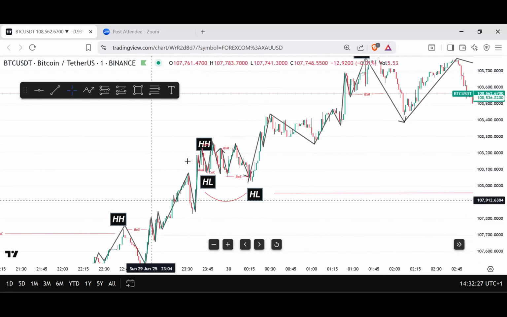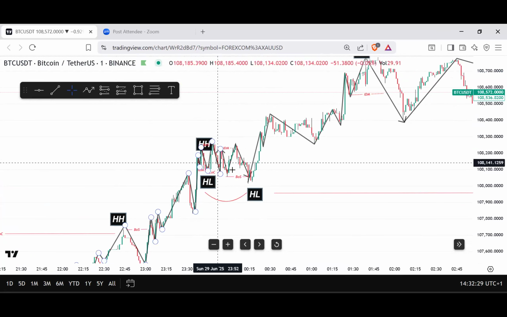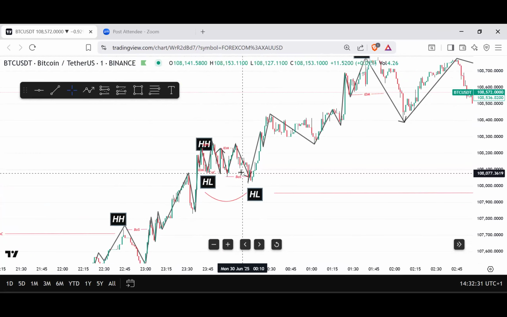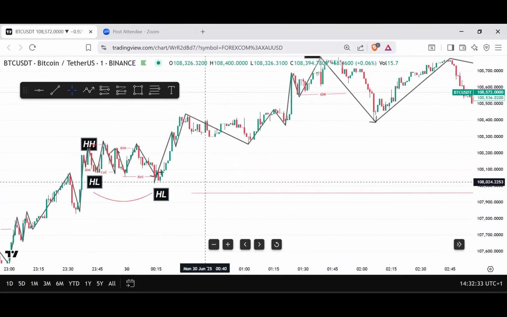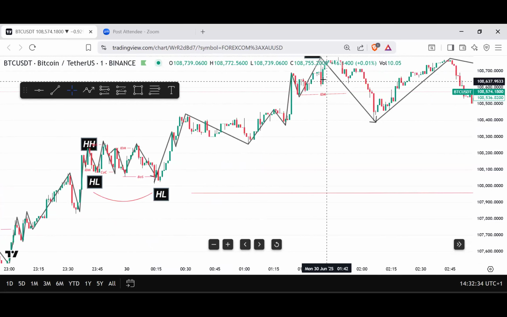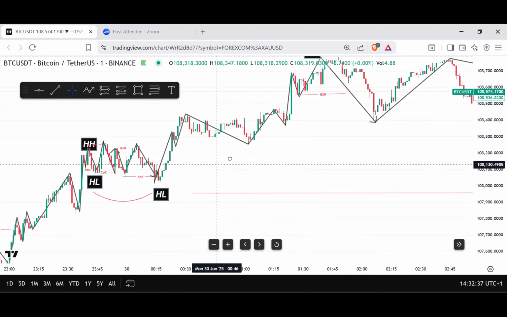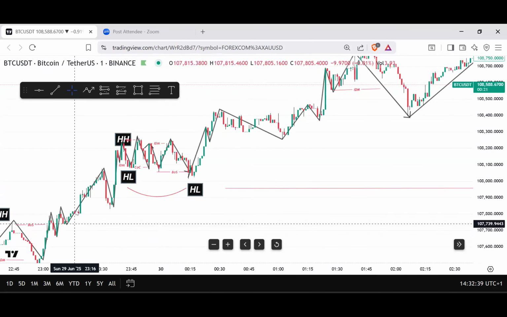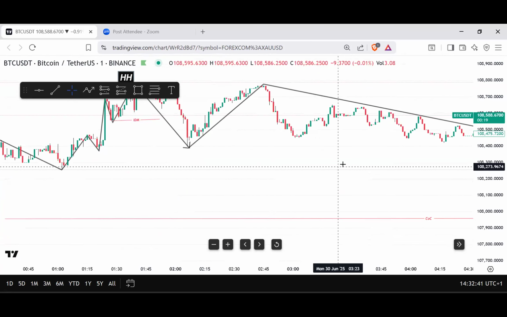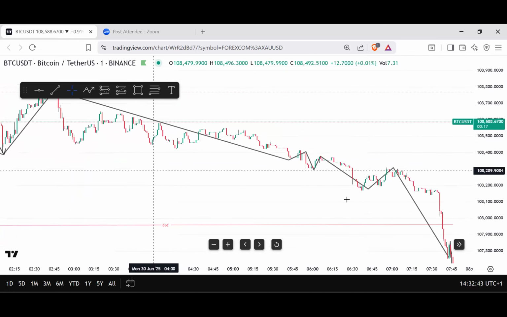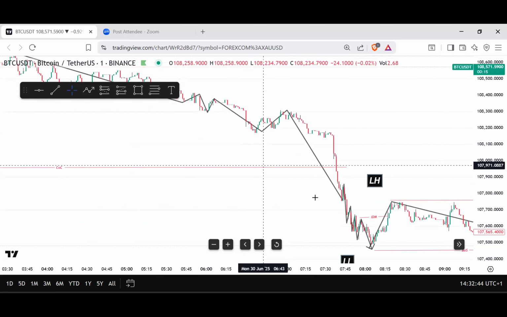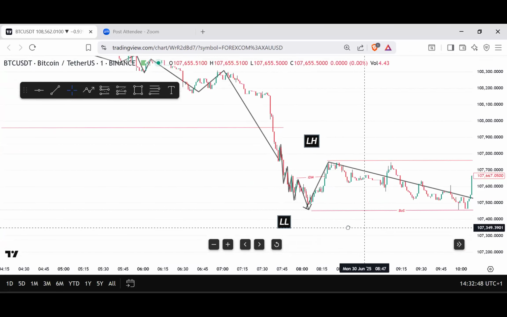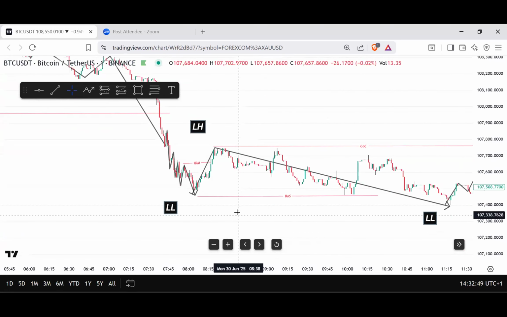So it was uptrend before, then it changed to downtrend, and immediately it changed back to uptrend. On the daily time frame, all of this move can take us even a year before we see something like this. So we're using the 1 minute.